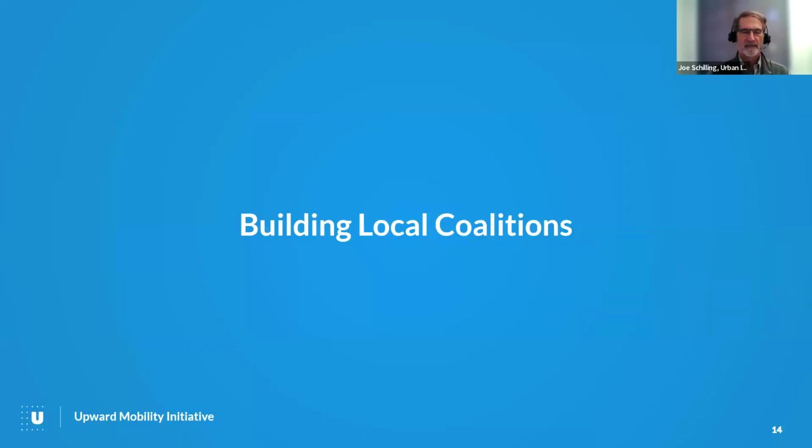Next, we'll do a little conversation about who should really be part of your upward mobility coalition and share some resources from our new online toolkit that should help you assess where you are in that process. Then we'll speak about how to keep that coalition momentum going, how to strengthen that coalition, and then finally, some considerations for sustaining your coalition in the long term.